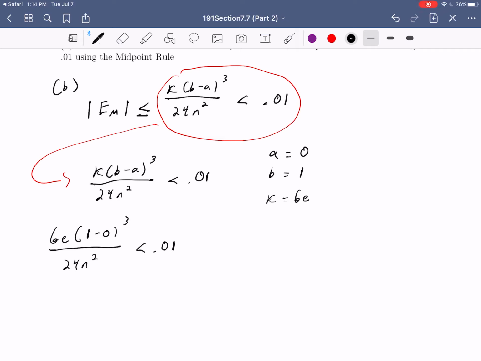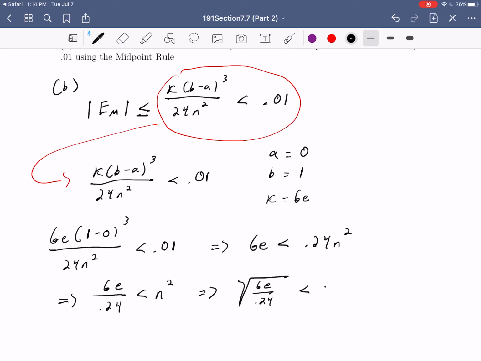Then we can solve this in a very similar manner. We can bring the 24n squared over, and we get 6e is supposed to be less than 0.24n squared. Then this tells us that 6e over 0.24 is less than n squared, which tells us that the square root of 6e over 0.24 is supposed to be less than n.